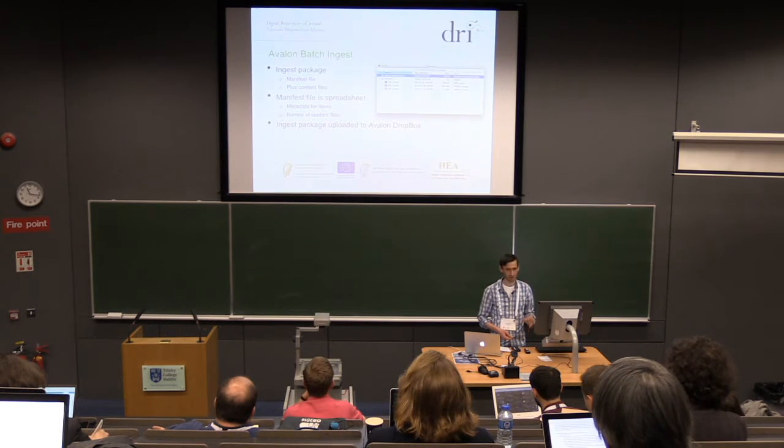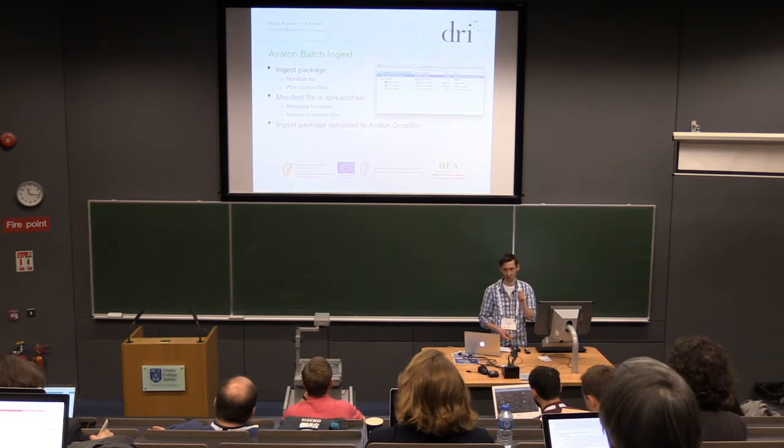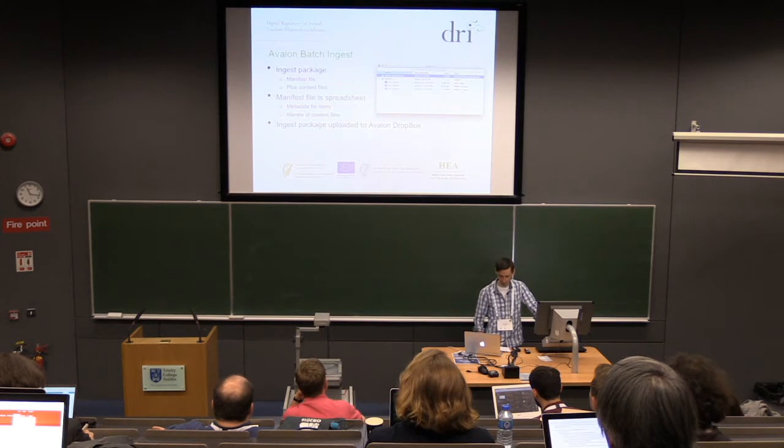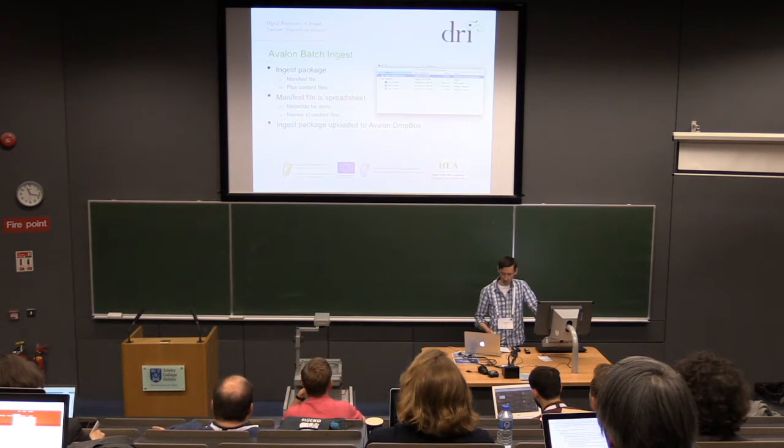And the spreadsheet contains the metadata for each item, and then the path to the content file for that item. That's good, you can have metadata for individual items, separate content files. And that works by just uploading it to their Dropbox, and then it's processed from there, so it's all done in the background.